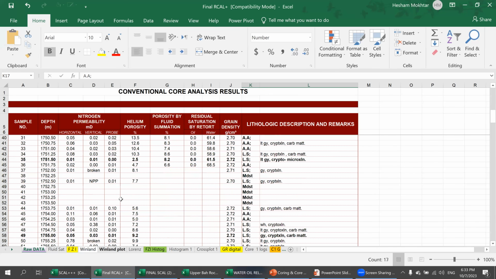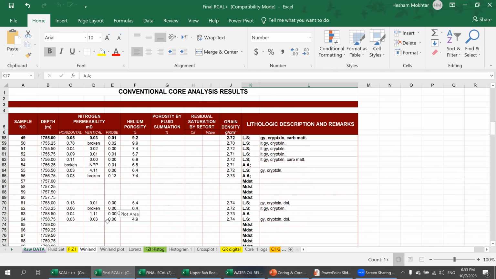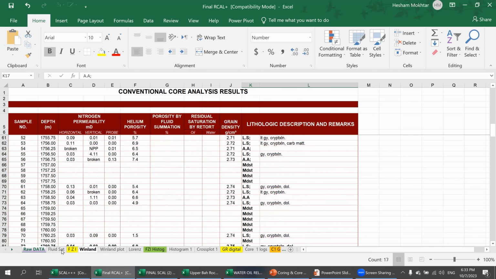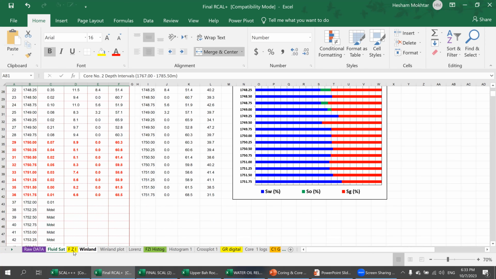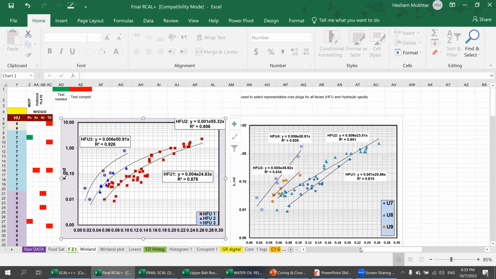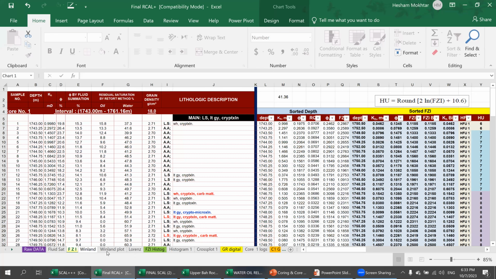So this is the raw data for any core analysis report. This data can be used to calculate the fluid saturation like this, and different rock typing techniques can be applied to classify the reservoir into different rock types like this technique.